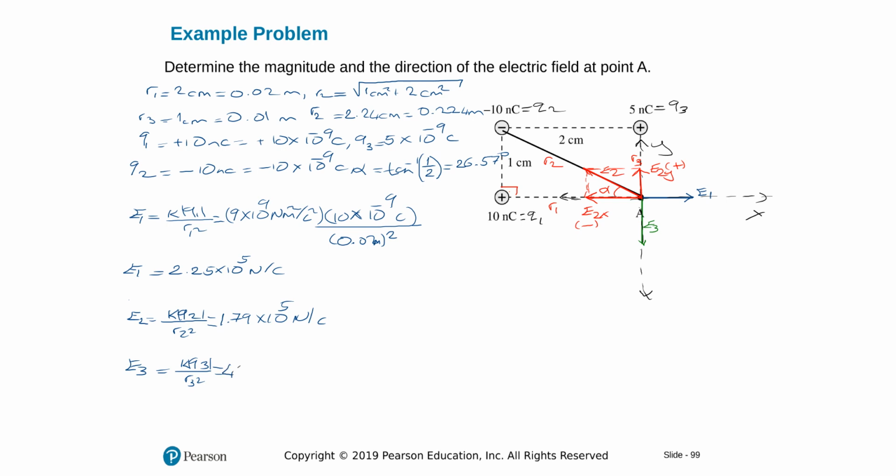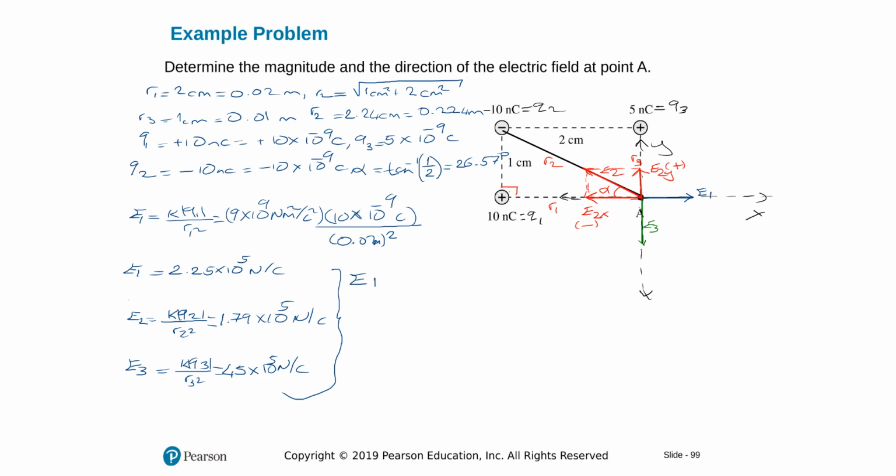I'll put this in 10 to the 5 format: 45 times 10 to the 5 Newton per coulomb. After we find all these values, we have to find their components.